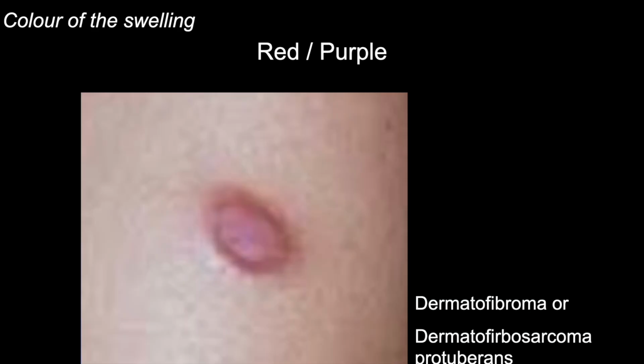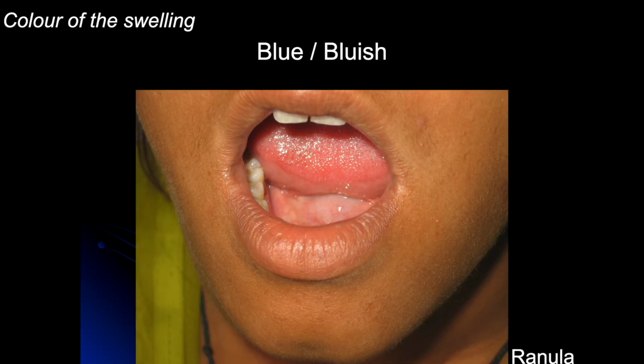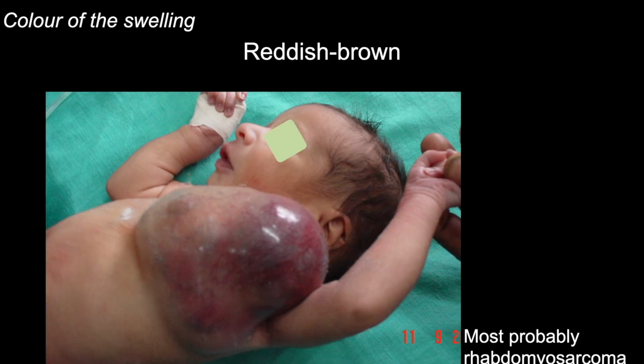Dermatofibroma can be yellowish brown as well. Blue or bluish color may be indicative of a deeper arteriovenous fistula. However, mucus cyst and ranula are also often blue or bluish. Rhabdomyosarcoma is basically a deep-seated tumor that presents when it projects into the skin as a reddish-brown swelling.